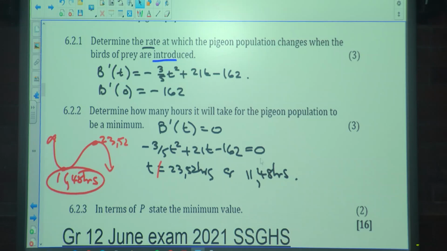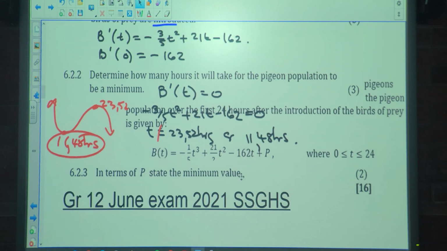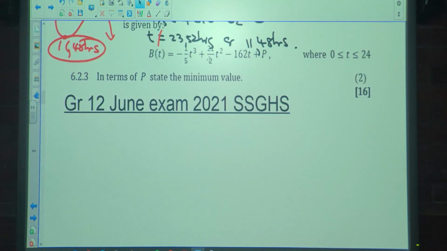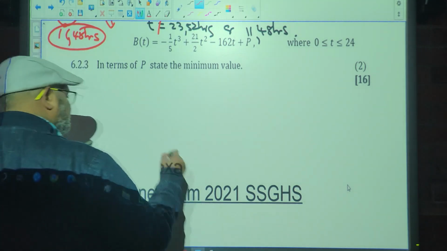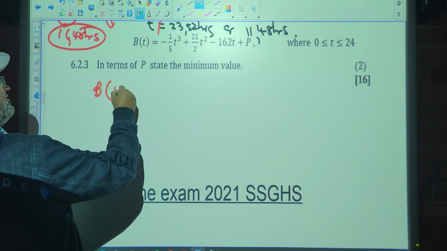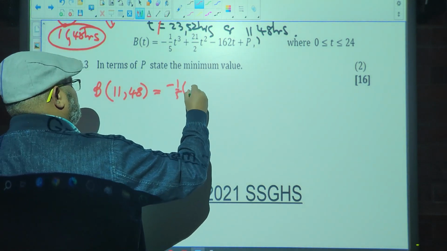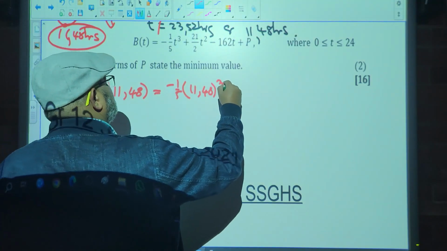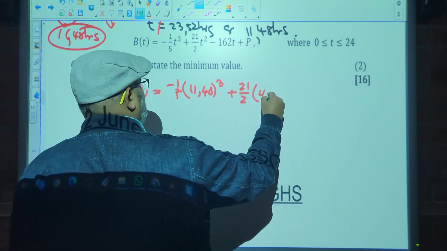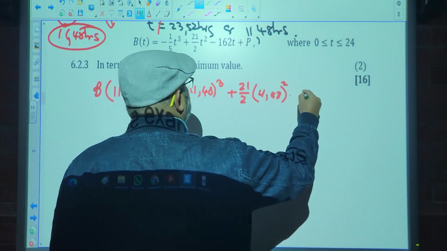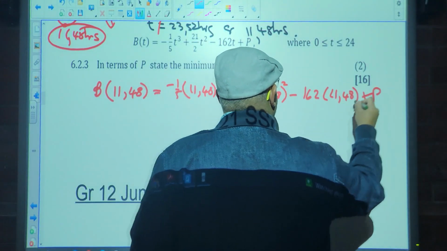Now under the function, P of t, which is 11.48 of an hour, is equal to negative 1/5 into 11.48 cubed plus 21/2 into 11.48 squared minus 162 times 11.48 plus P.